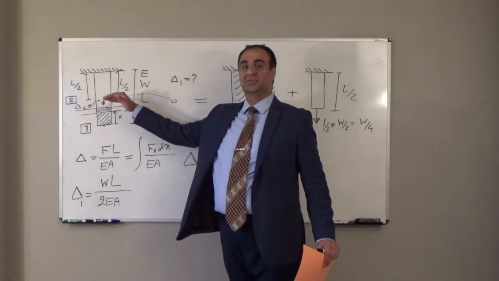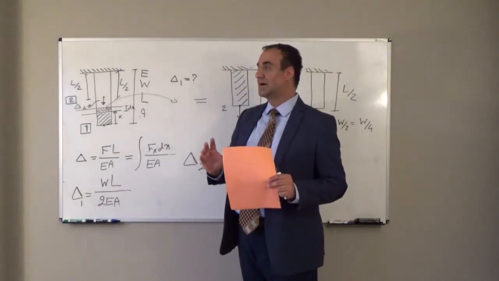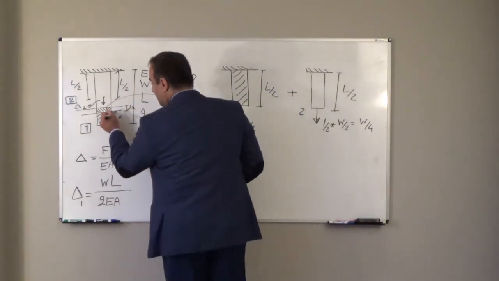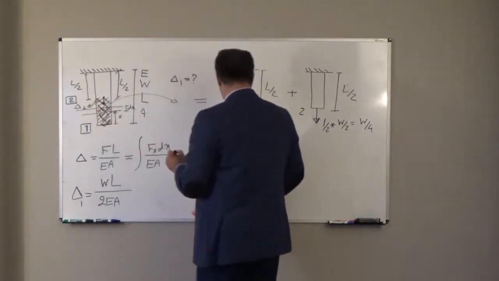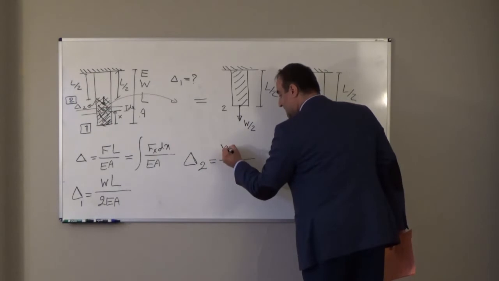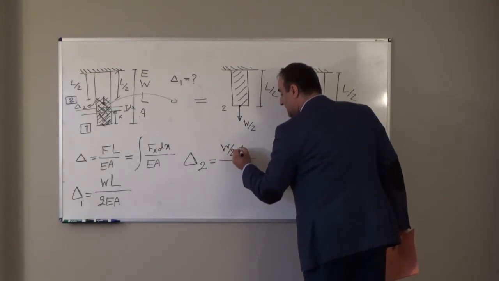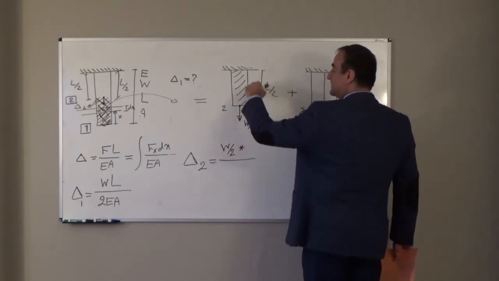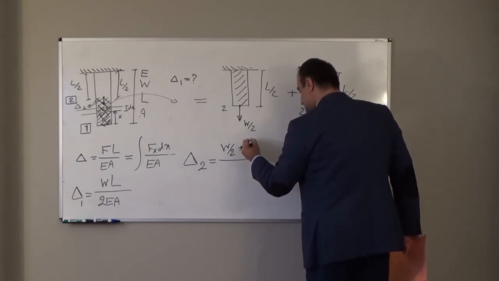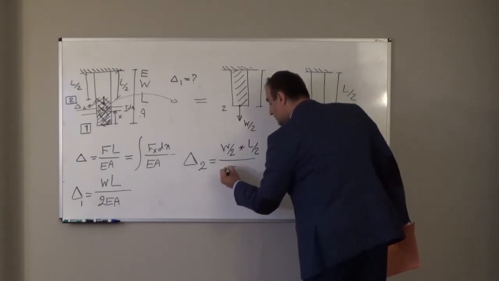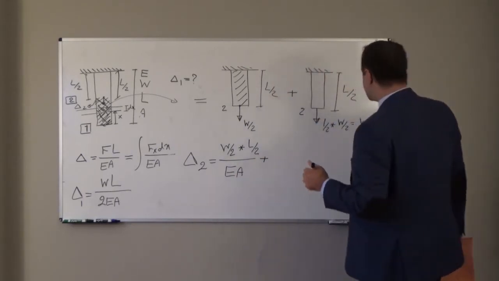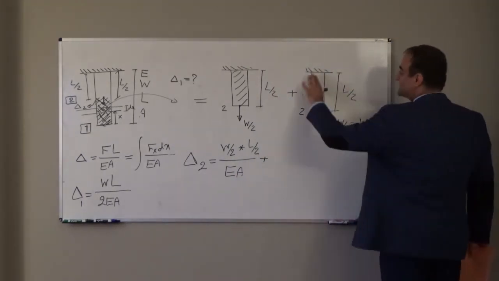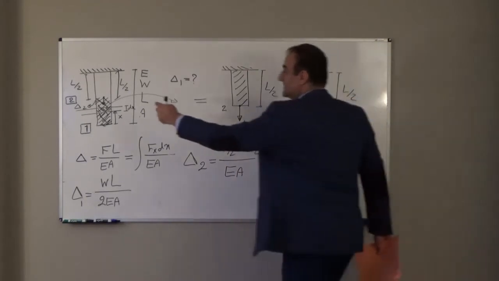Deformation at part 2, one portion comes because of the weight of this part. That deformation is the weight of that part, W over 2, times the length, it is effective in this length, L over 2, over EA, plus another part that comes from the self weight of this part.